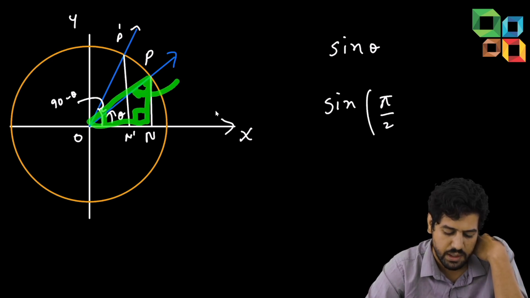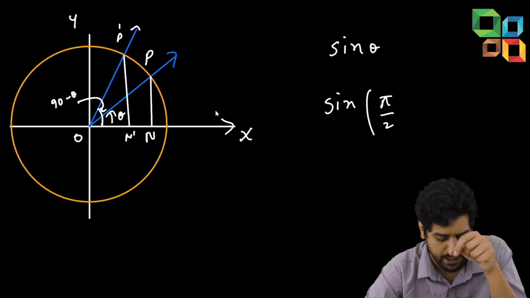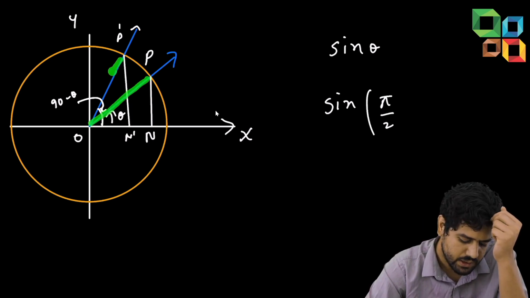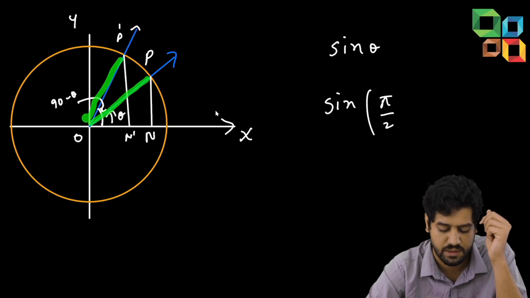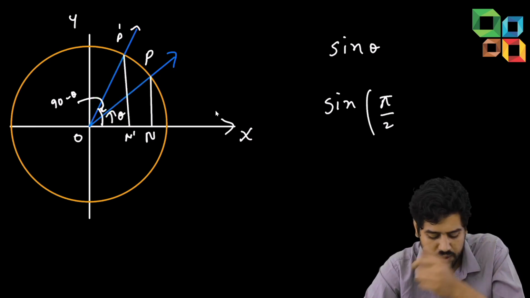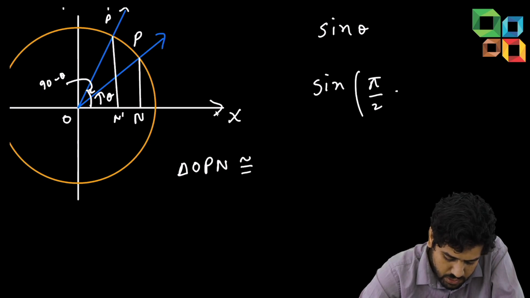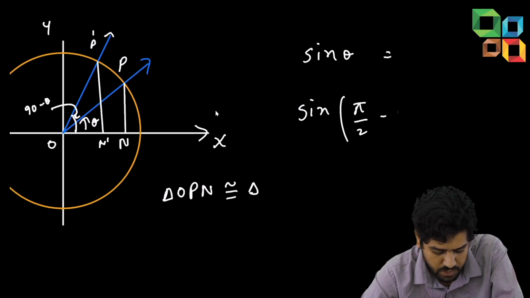This has to be 90 minus theta, right? So definitely the angles are the same. What about the side? The length of the hypotenuse, they are the same, right? Both are unit radii, so both lengths are 1, correct? So we have triangle OPN is congruent to triangle. You have to take care of the order, okay?